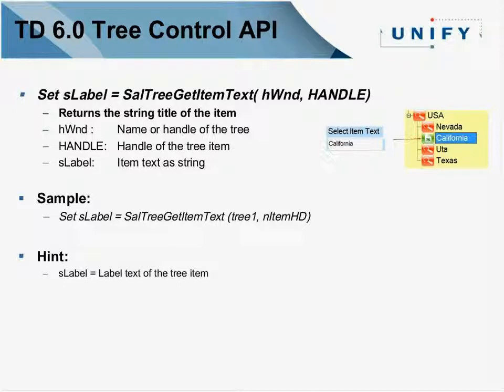As label means you get back the item text. So tree get item text: if you need the text, then you can use tree get item text, and based on the tree control handle and the handle of the item, you will get the right text back in, for example, a text box or in a variable, and you can use it for further use.